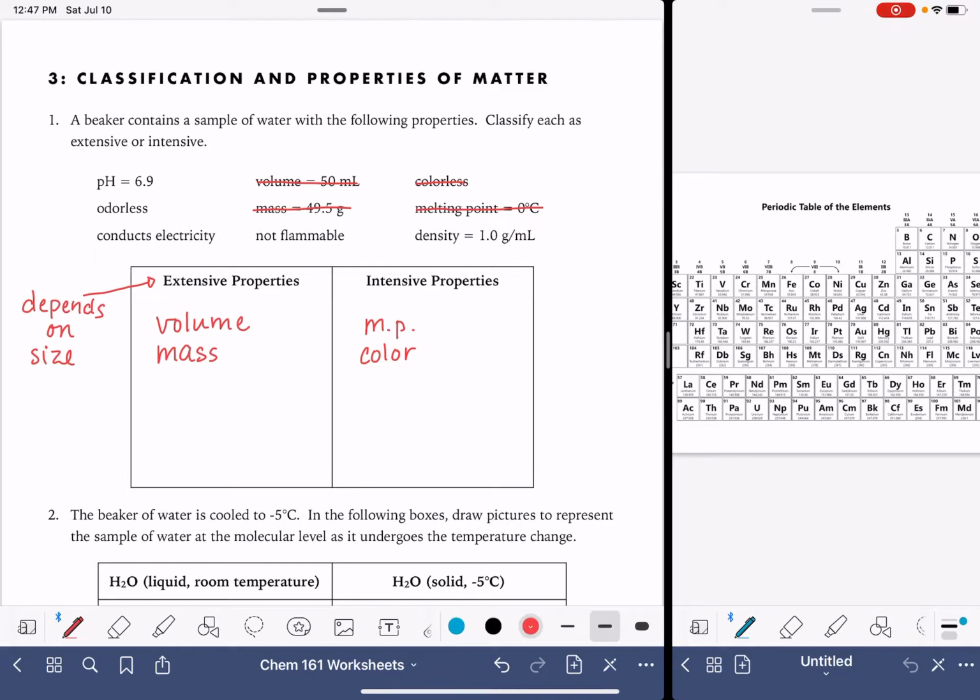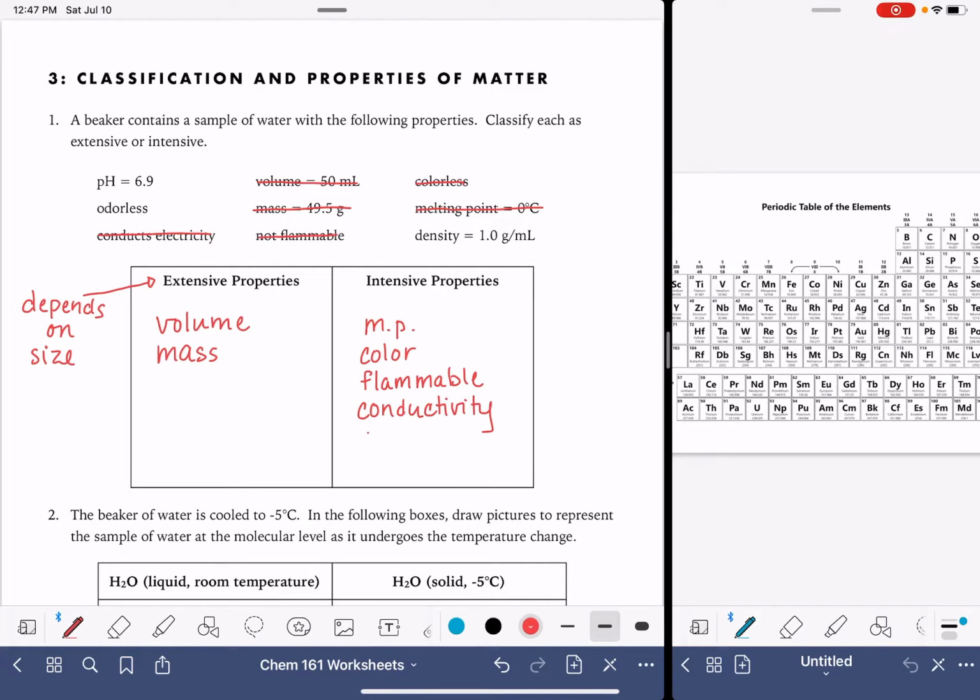Flammability is also intensive. Again, the severity of the flammability will depend on how much you have. If you have a tiny bit of gasoline versus a huge amount of gasoline, the fire is going to be definitely bigger, but flammable, it's all flammable. Conductivity is intensive, meaning that it doesn't matter how much you have, it's going to be either conductive or not conductive.